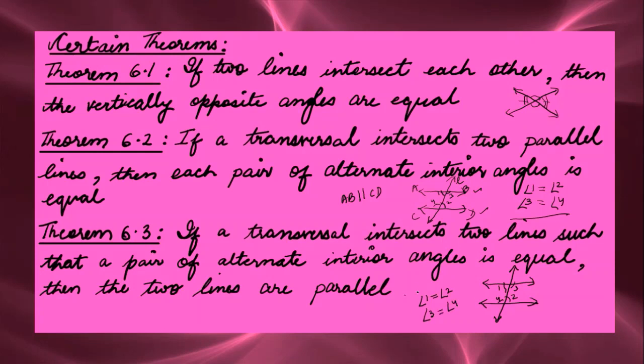If these alternate interior angles are equal, then you can say that if this is AB and this is CD, then AB is parallel to CD.